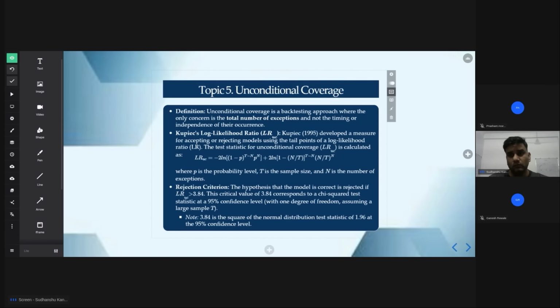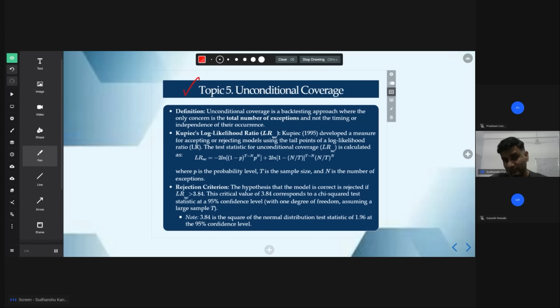Okay. Moving ahead, guys. Next one is unconditional coverage. Very confusing here. Unconditional coverage is a backtesting method that checks how many exceptions occurred. But please understand, it does not care about when they happen, right?